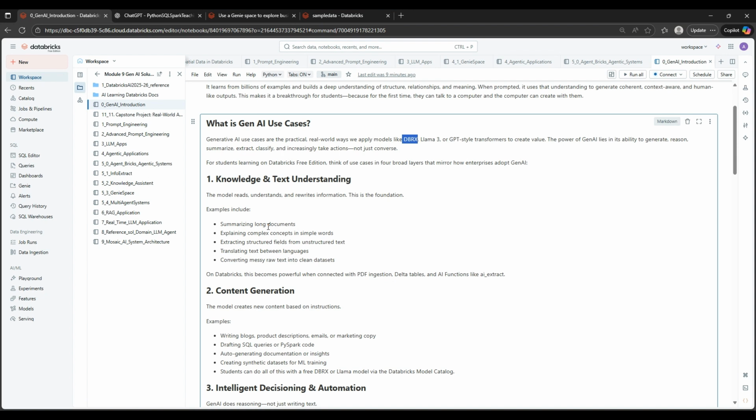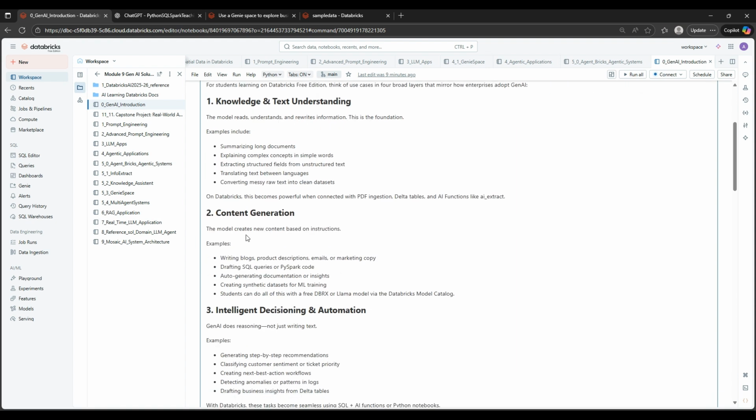The model starts summarizing the text, explaining complex concepts in simple words, extracting structured fields from unstructured text. There are even many cases of translation, from one language to another. Since it started generating, translation also became possible, and converting messy raw text into clean datasets. On Databricks, this becomes powerful when connected with PDF ingestion, Delta tables, and AI functions like AI extract.